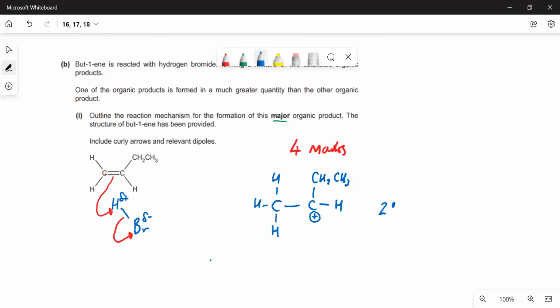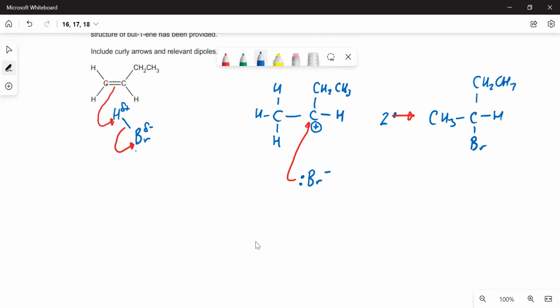Then the final step in that mechanism is for the bromide ion, which is formed here, with a lone pair, to go onto there, and that is going to form the product, which is going to be like that. So that's our marks for that.